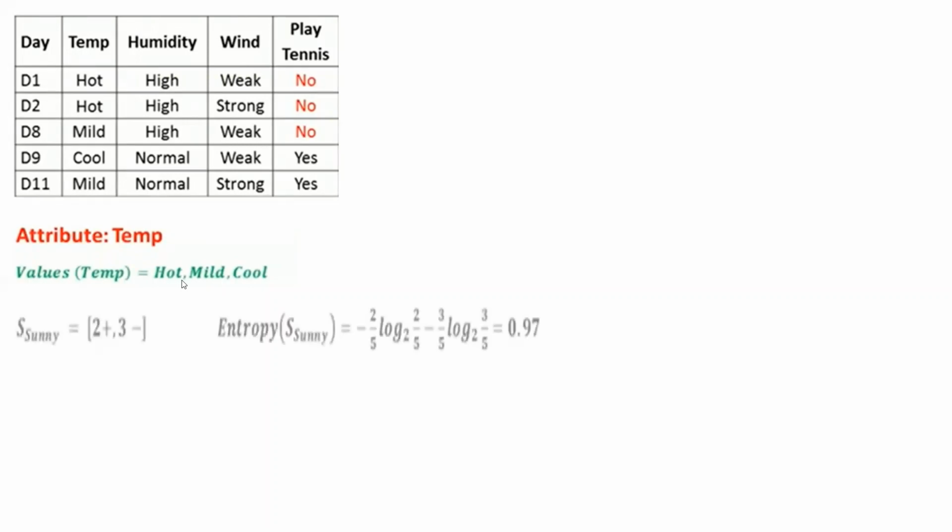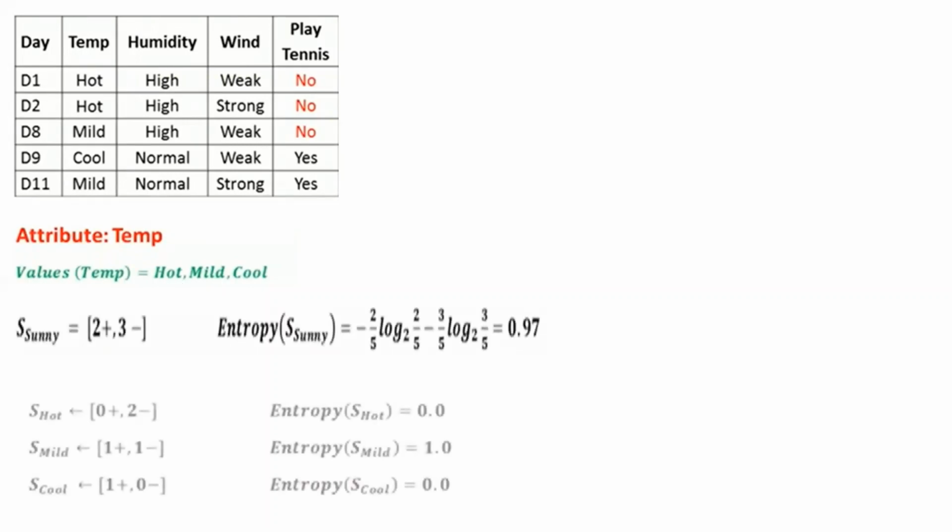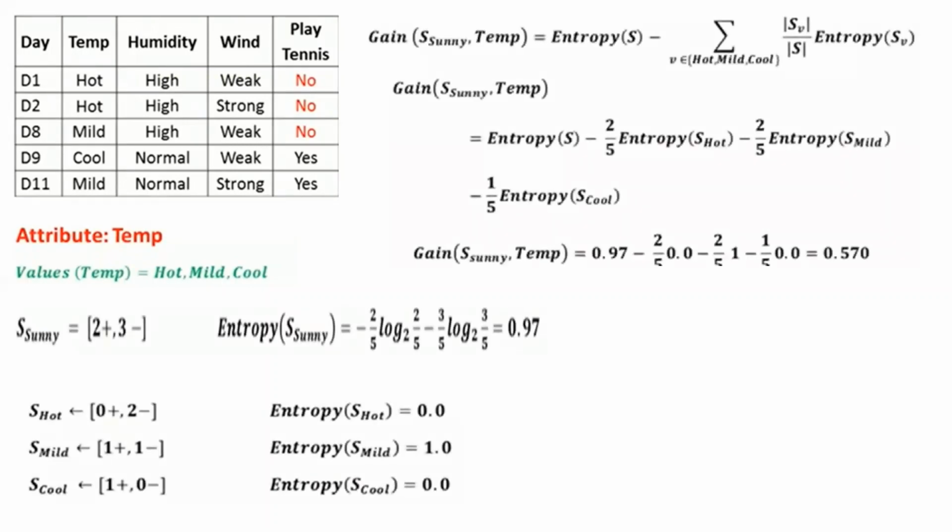So again you need to consider each and every attribute and their values. You need to calculate entropy of it, and again information gain for each and every attribute. Here, if you observe carefully, we calculated entropy of the entire data set, but now we are calculating only for Sunny.